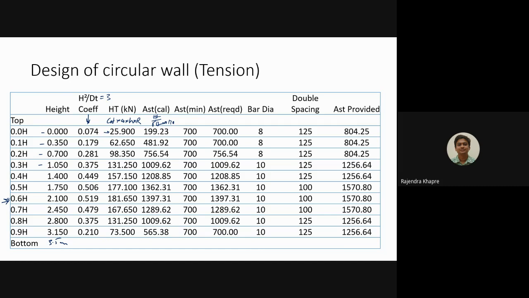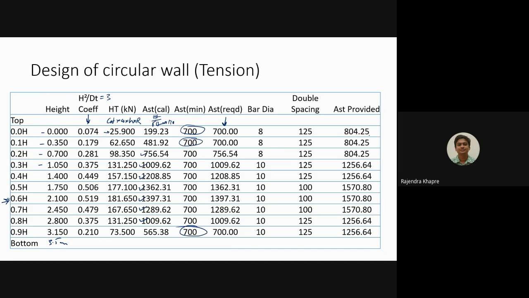So definitely for this particular case, we have to use this value because this is the maximum. Then here onwards, we can use this value, this value, this value, and in the last, we have to use this value. So the AST which we are going to provide should be more than this, that is 700, 700, and this is 756, and so on. What we are doing is dividing the wall into different regions.